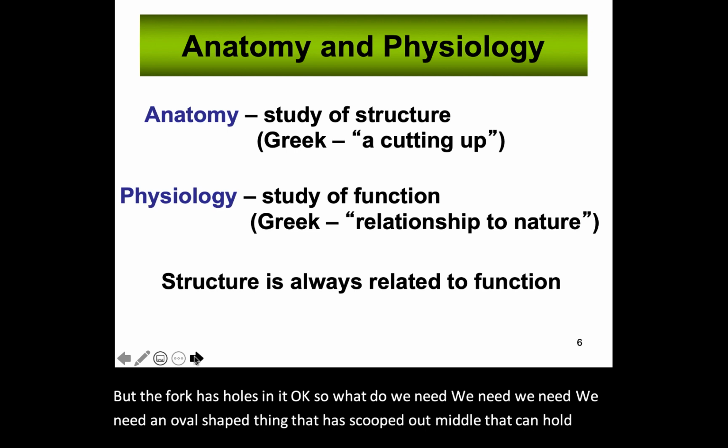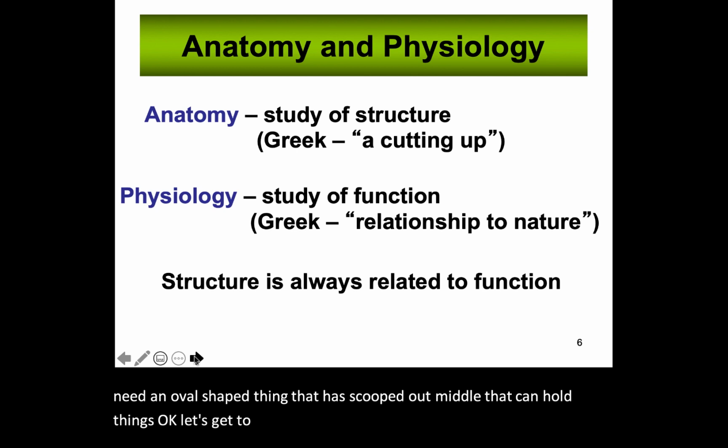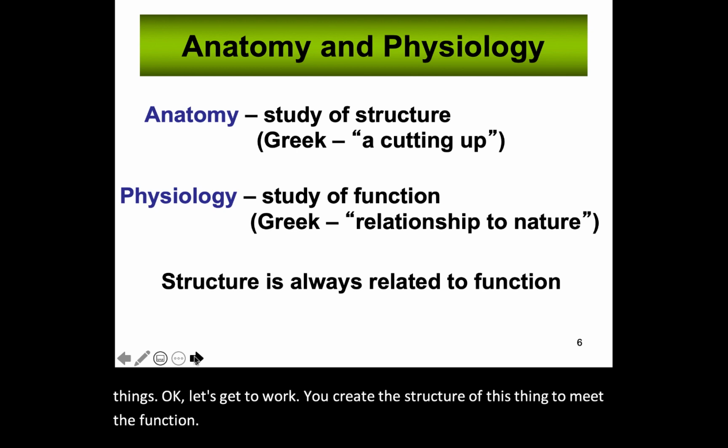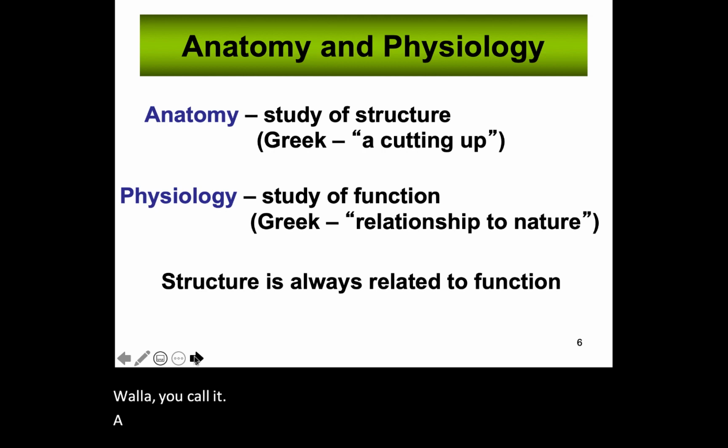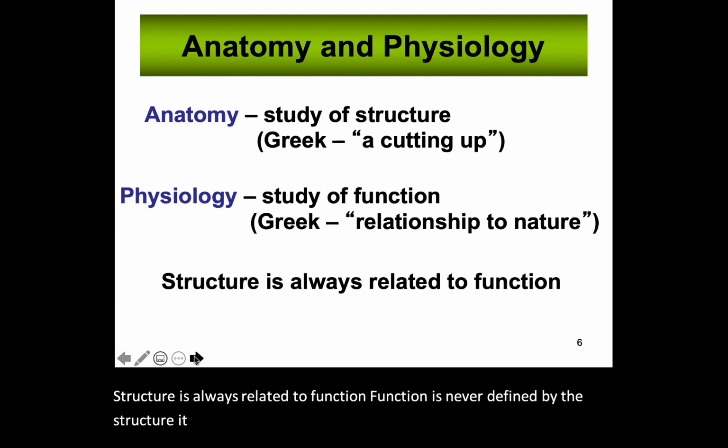Okay, let's get to work. You create the structure of this thing to meet the function. Voila, you call it a spoon. Structure is always related to function. Function is never defined by the structure. It is the function, it is the physiology that is driving the anatomy and what something looks like.